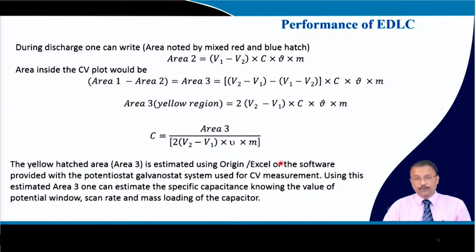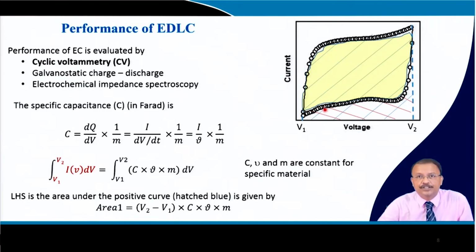Now, if you go for the discharge, this is the charge operation from here up to here. So, I got the total area which is the hatched, the total blue portion, and now I will do the discharge from here down to this voltage. So, from V2 to V1 I am discharging it.